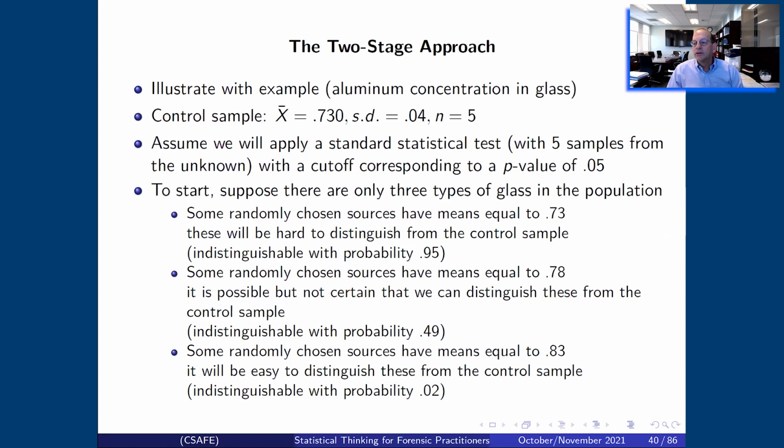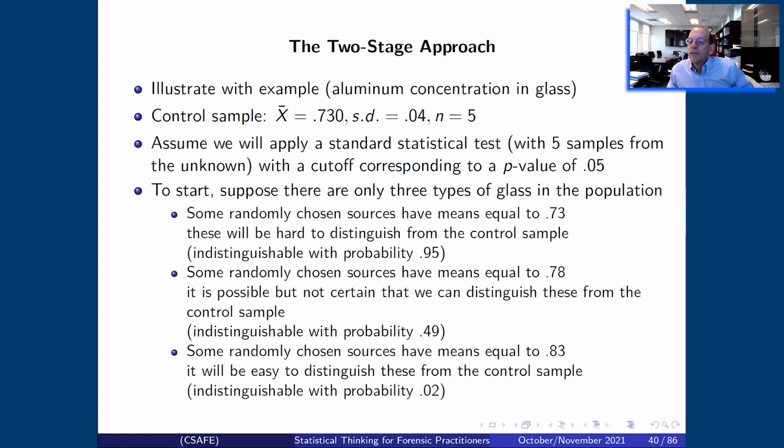This type of glass has aluminum equal to 0.78 on average, but of course there's some variability when I take measurements. If I take a sample from this source, truth equal 0.78, and compare it to this other sample, where truth equal 0.73, it turns out there's some probability that these two will be found to overlap and will be, in this case, incorrectly found to be the same source. And for the numbers I've chosen, it turns out that's about a 50% chance.